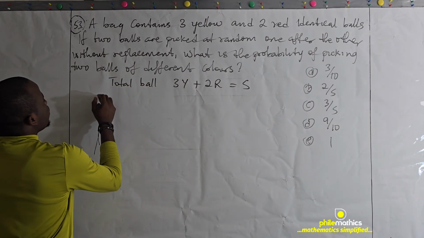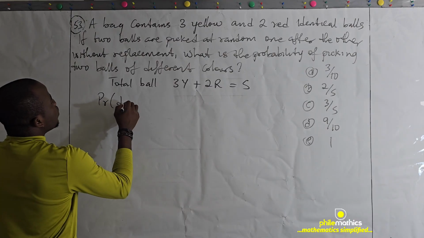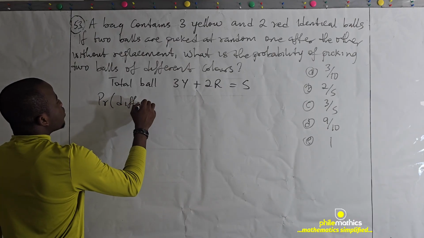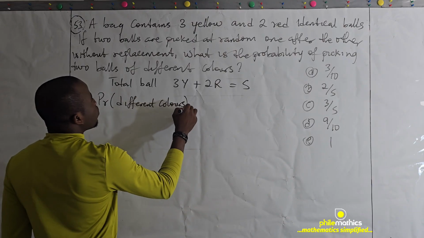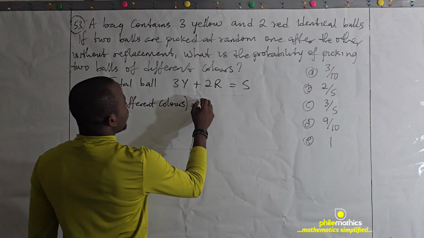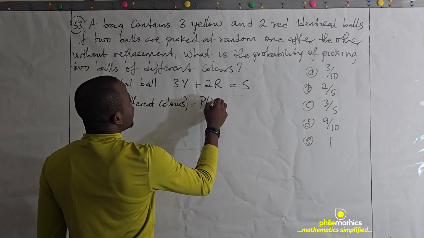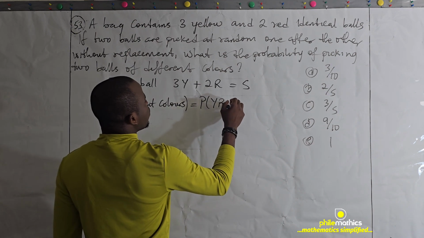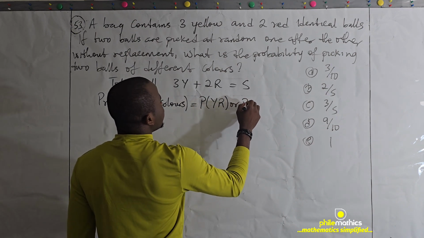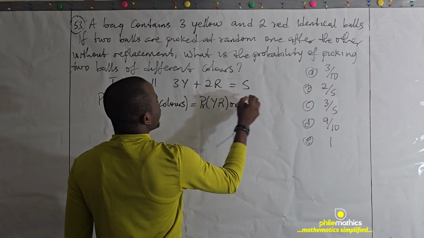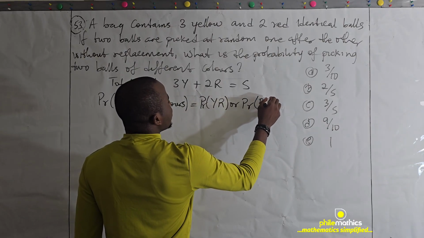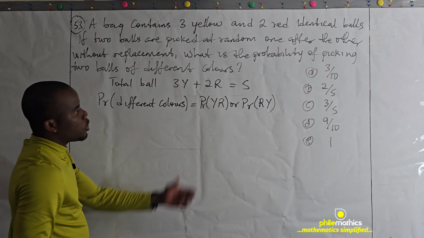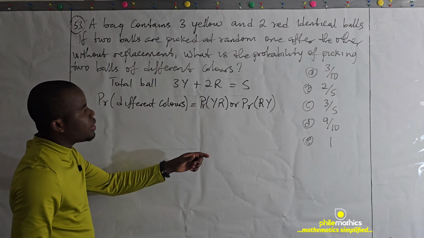So probability of different colors is probability of yellow, red, or probability of red, yellow.